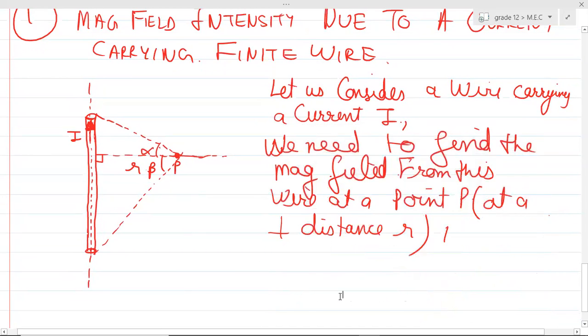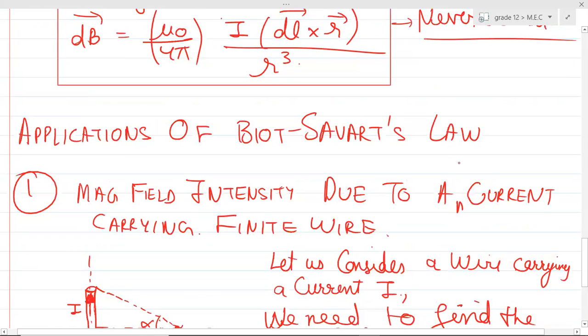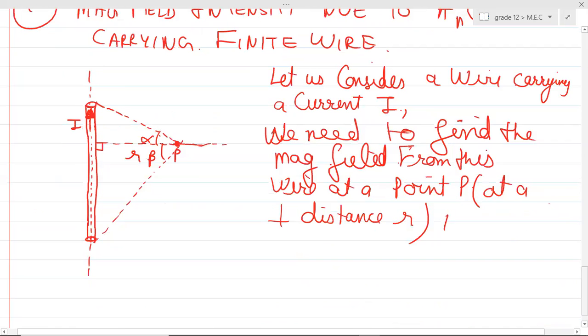So basically we need to find the magnetic field from this wire at a point P at a perpendicular distance r from the wire, right? Please remember this is a straight current carrying wire, okay? It's a straight current carrying wire.